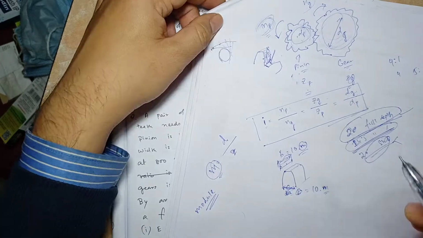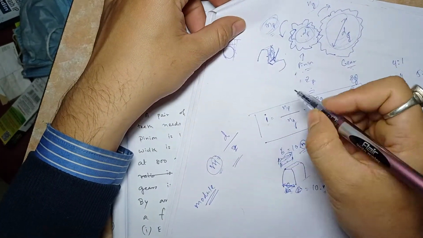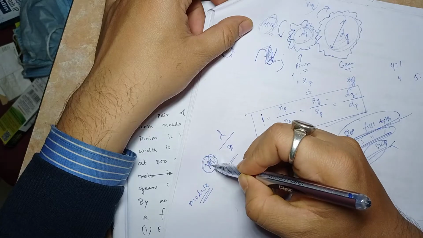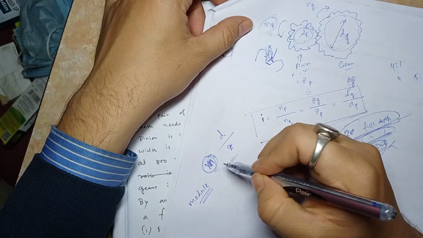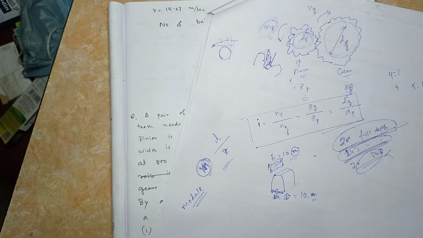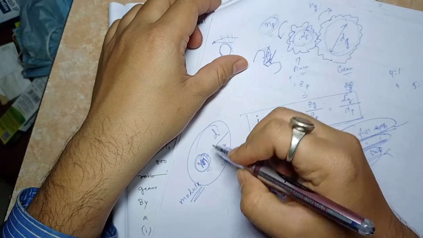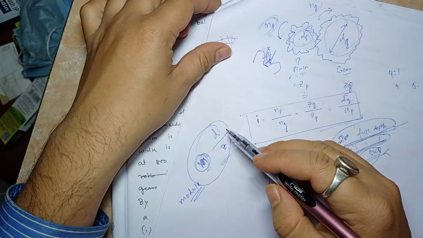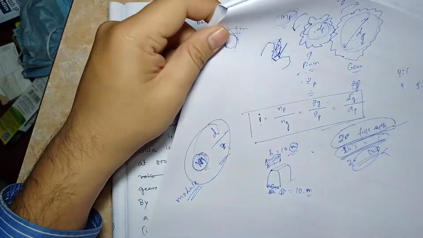In gear design you have to decide the module. We will see how to decide or estimate the module. So remember this relation: module is equal to D by Z, the gear diameter divided by the number of teeth in the gear.